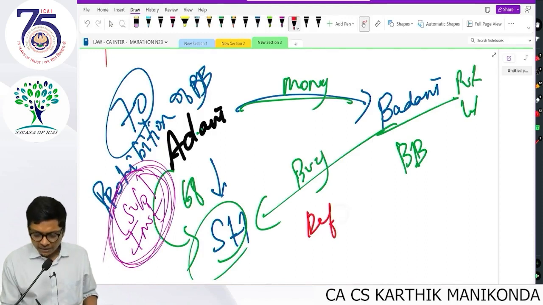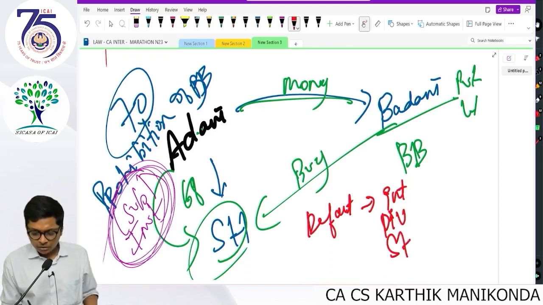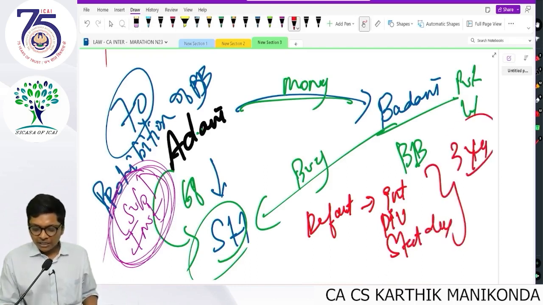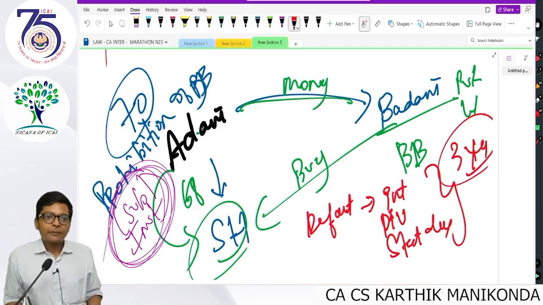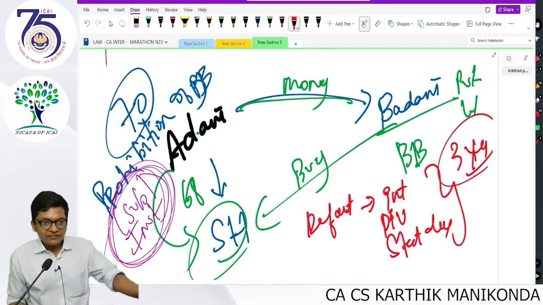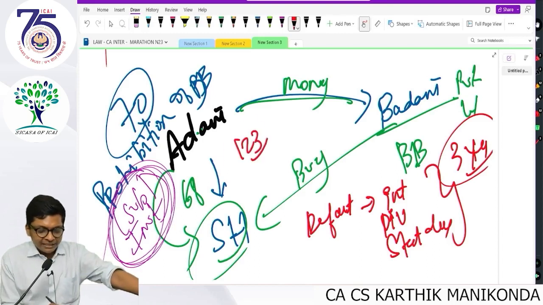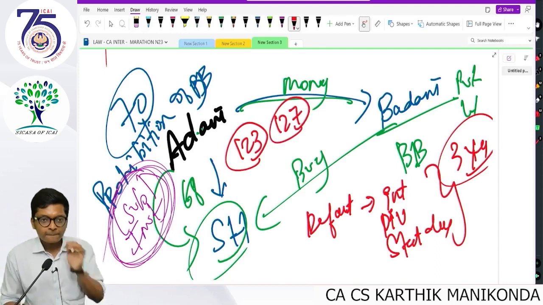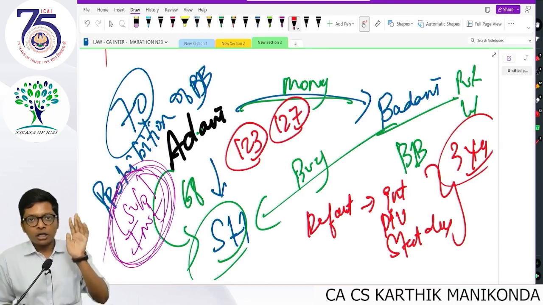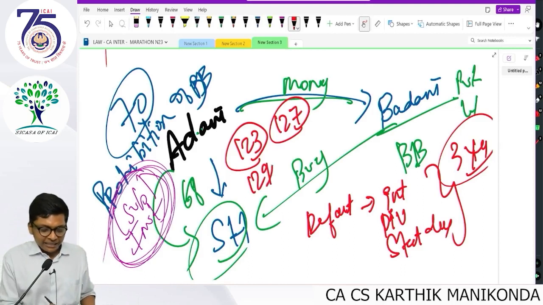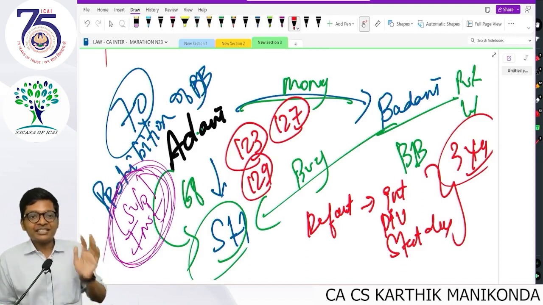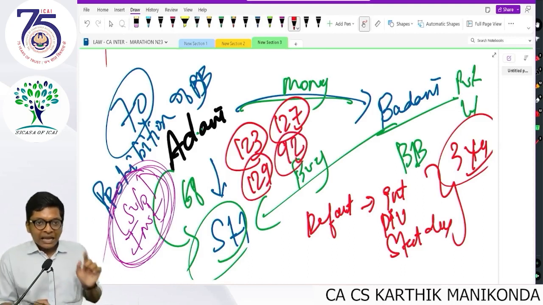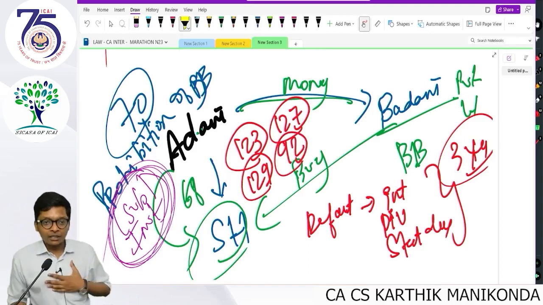Also, if there is any default in repayment of interest, dividend, statutory dues in the last 3 years, you cannot do any buyback. Or if there is a default in 123, declaration of dividend, 127, punishment for dividend, 129, preparation of financial statements, 92, annual report, annual return.